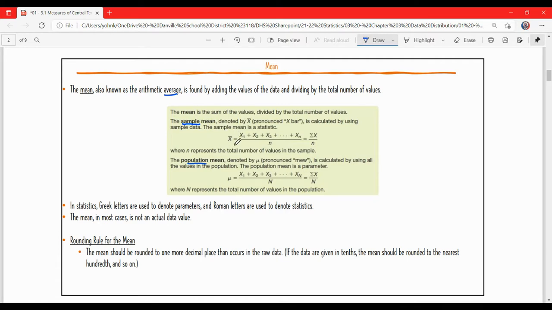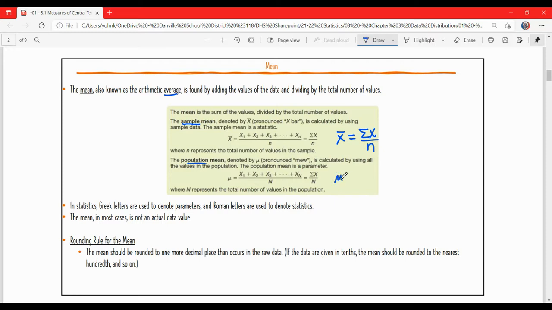Notice in the sample mean, we have x bar is equal to the sum of all the x's divided by the sample size. This E-looking thing here is called the sum. So we're going to add all the x's and divide by the sample size n. I used x and n because in the next formula, when you're talking about a population, you're going to use Greek letters.